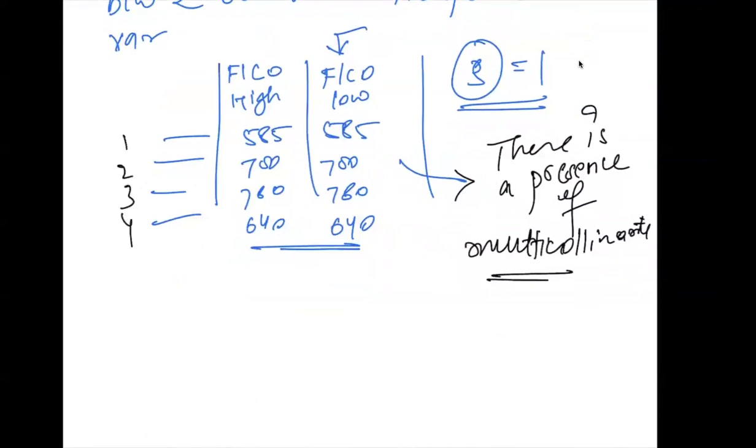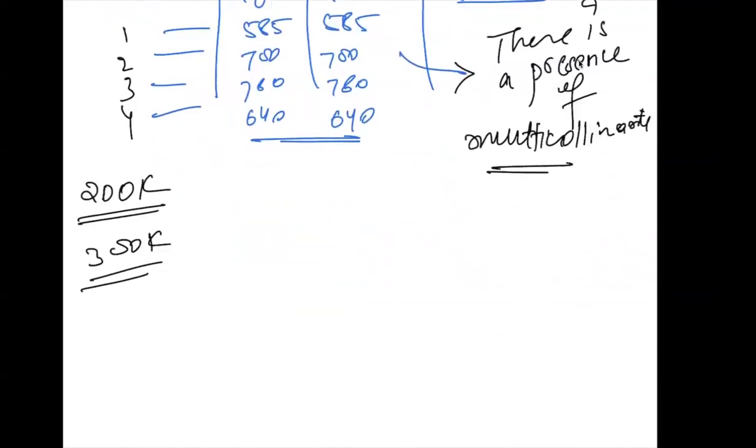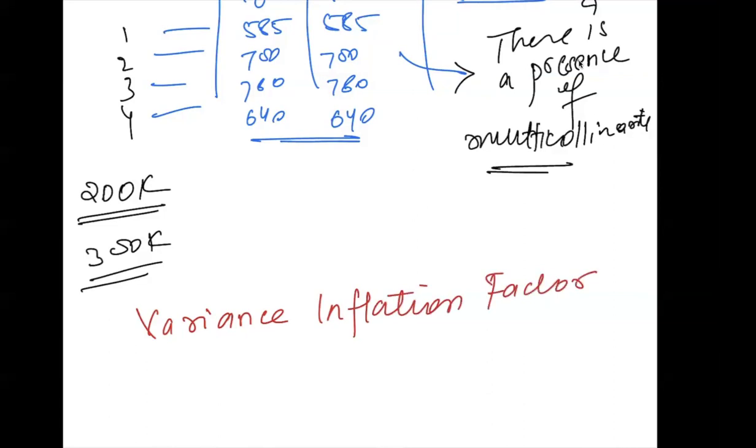When you are dealing with a big data set, let's say you have 200,000 or 300,000 customers, it is not wise to check each and every observation. So researchers or statisticians made a test called the variance inflation factor, VIF in short.